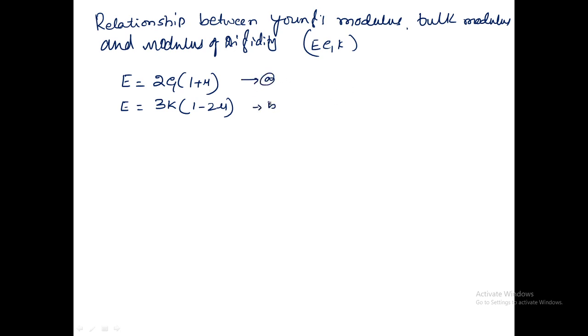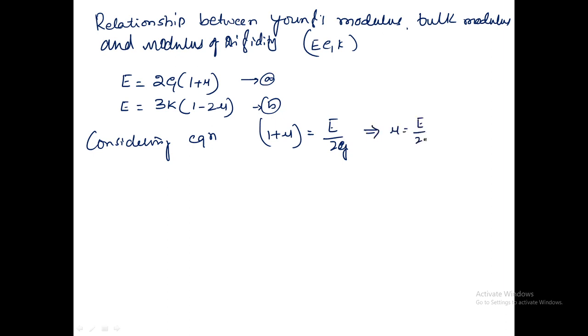I will rewrite it for mu. So 1 plus mu equal to E divided by 2G, and mu equal to E divided by 2G minus 1. Do you agree? Poisson's ratio mu equal to E divided by 2G minus 1.